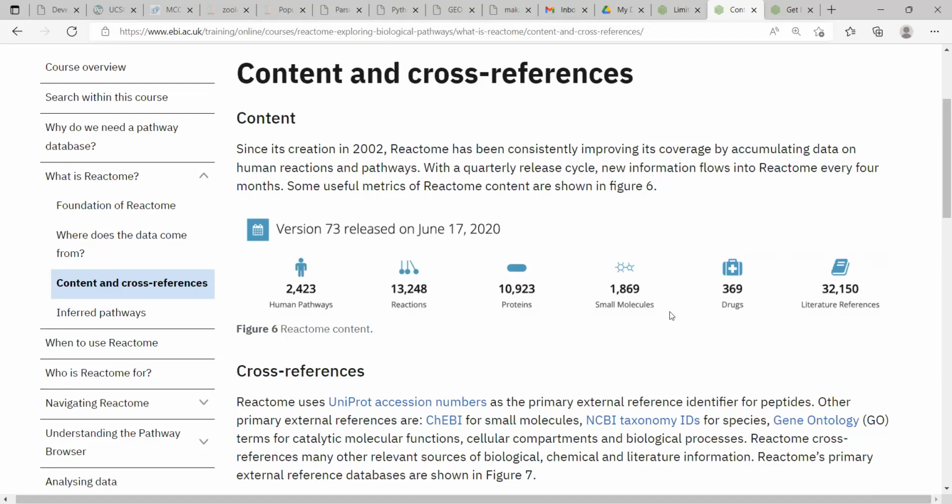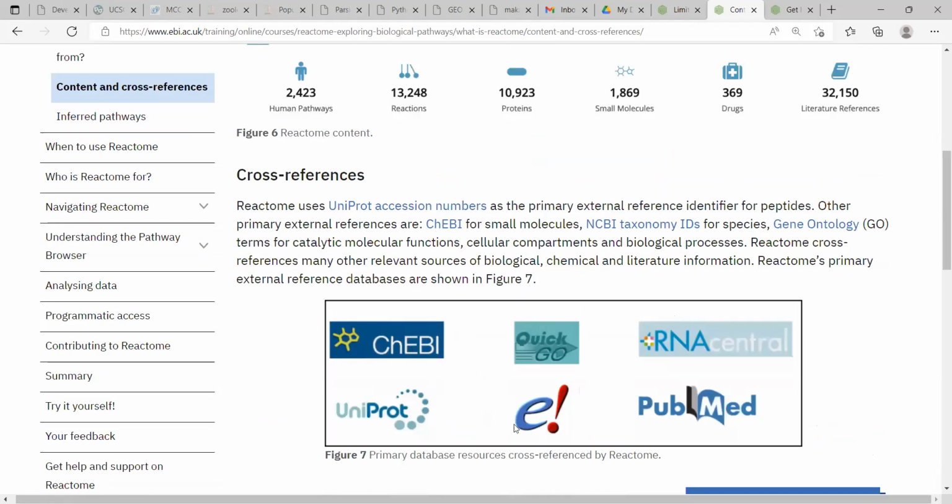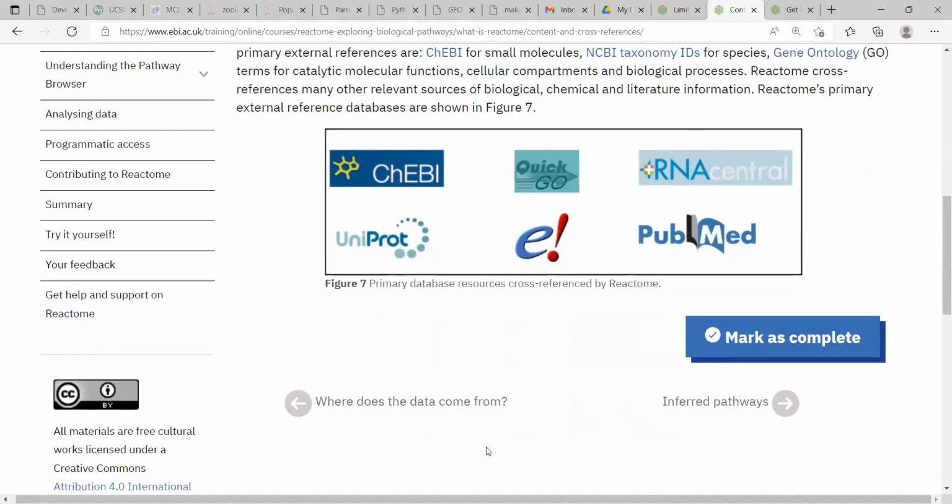Okay. These are the cross references. Since this is a relational database, they are using linked data from different databases like UniProt, EMBL, PubMed, RNA Central, GO, and ChEBI. So these are the cross references. Okay.